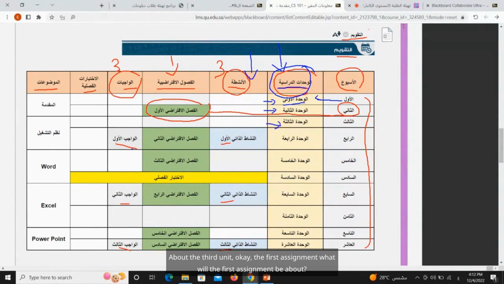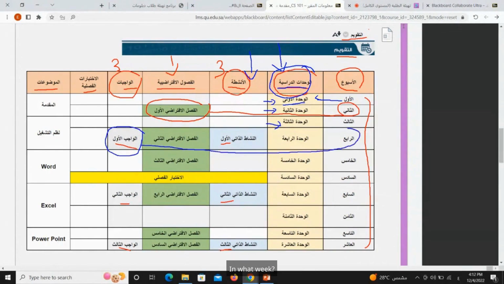What will the first assignment be about? Focus with me. In which week is the first assignment? Number 4. The first assignment is in week number 4. So its questions will come from the beginning, from the first week until the 4th week.